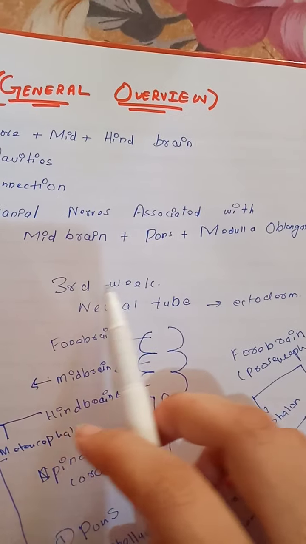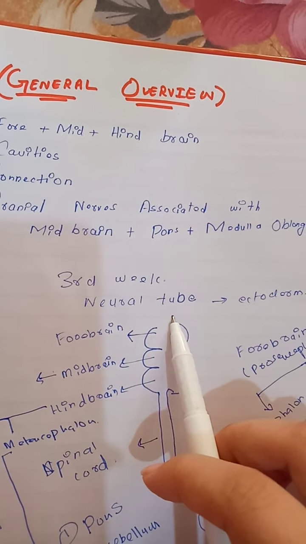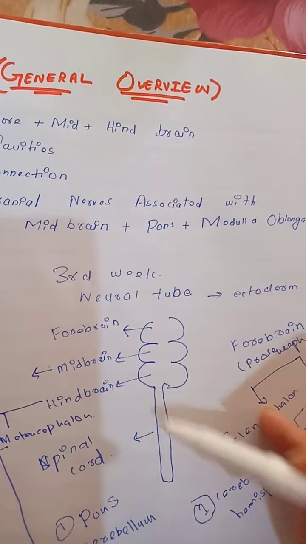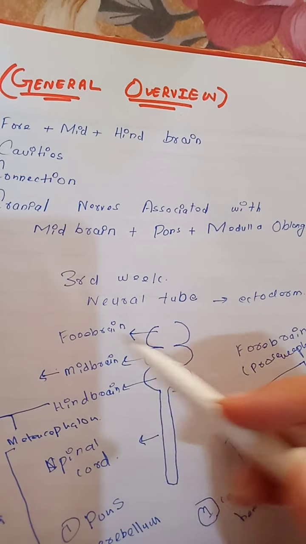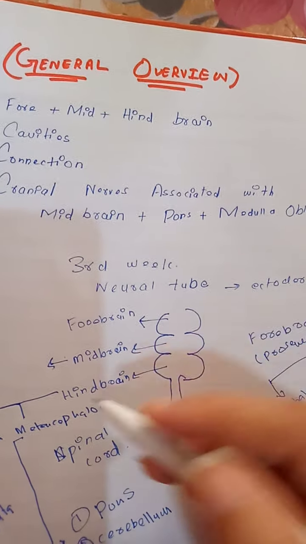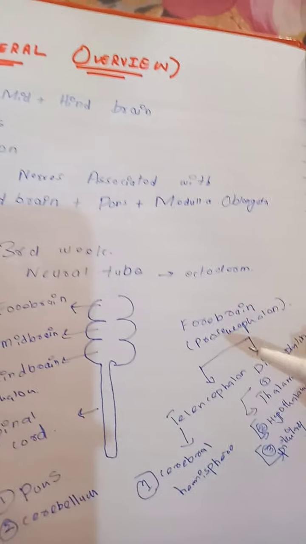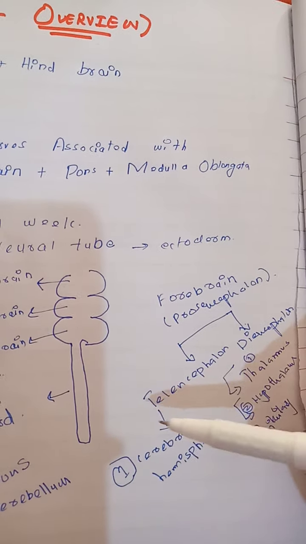Okay, so in the third week the ectoderm will give rise to the neural tube. The cephalic end of the neural tube will produce three primary vesicles, one for the forebrain, second for the midbrain, and third one for the hindbrain. The forebrain vesicle will be divided into telencephalon and diencephalon.